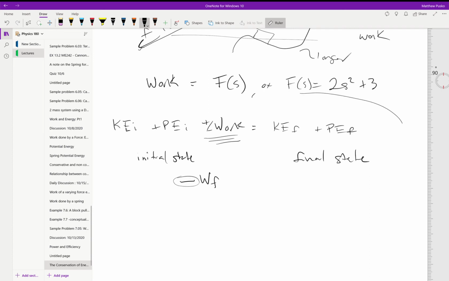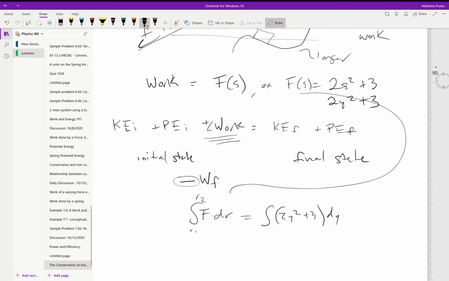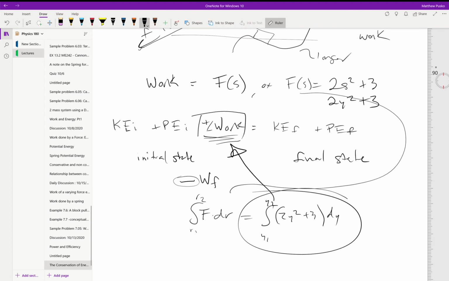If we had some function like this, we could put in the work done as the integral of F dotted into dr from some r1 to r2, or if it was maybe just a function of y, let's say this is 2y squared plus 3, then that becomes the integral of 2y squared plus 3 dy from y1 to y2. And this will come out as plus or minus. And you just put that there for the work.